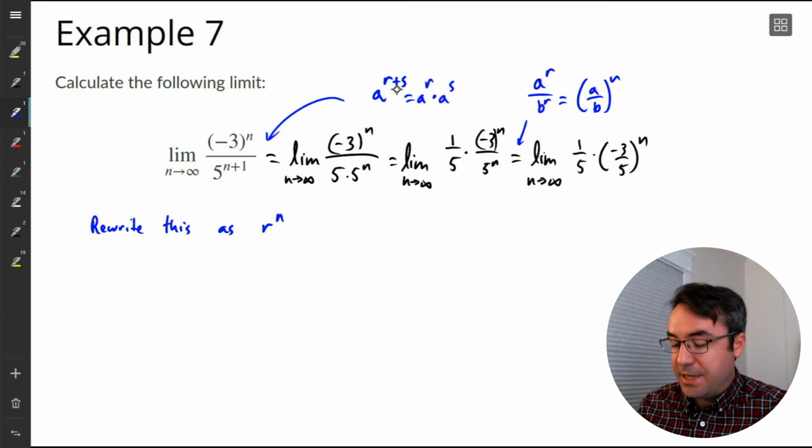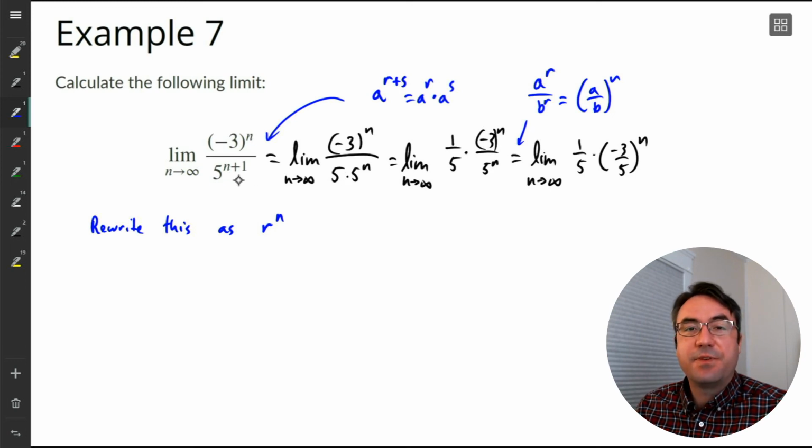So when we have addition in the exponent, it becomes multiplication. That was our justification going from 5 to the n plus 1 to this 5 times 5 to the n. And now we've gotten it into the correct form. We wanted to rewrite this as r to the n, and that's exactly what we have here.